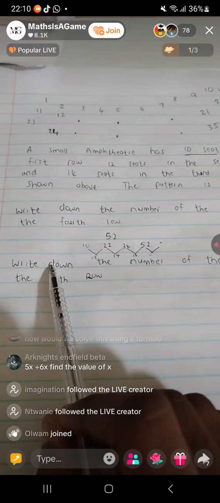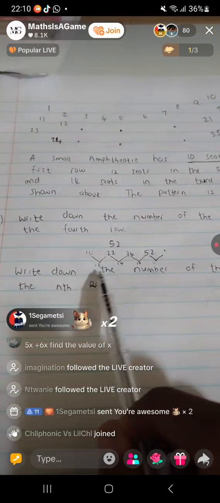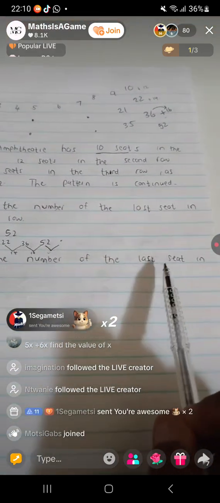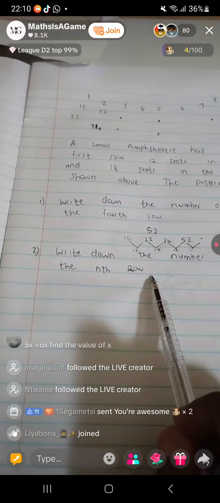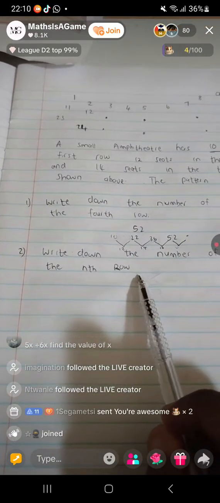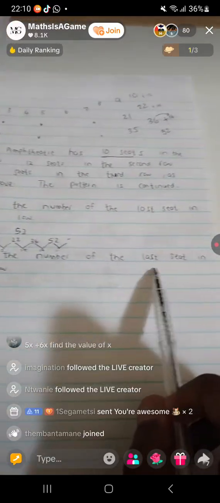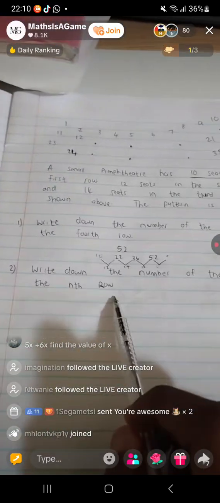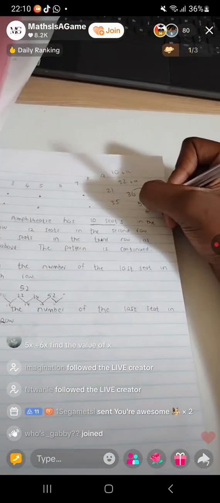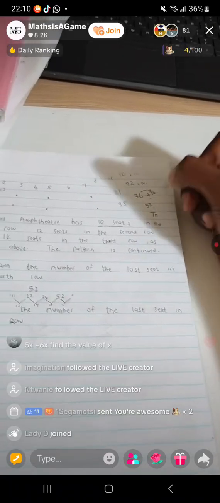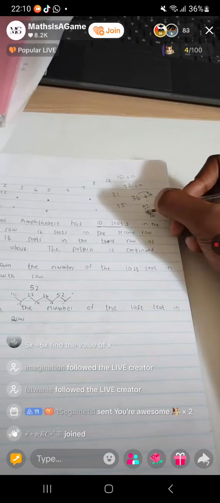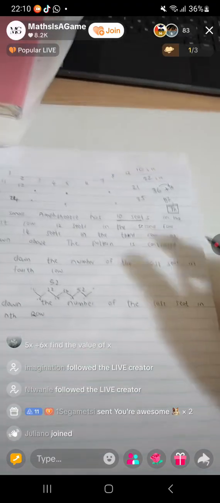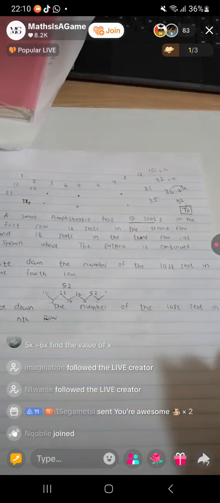Okay, next question. Write down the number of the last seat in the nth row. The number of the last seat in the nth row. So what are they wanting, in other words? They want the nth term in this row.